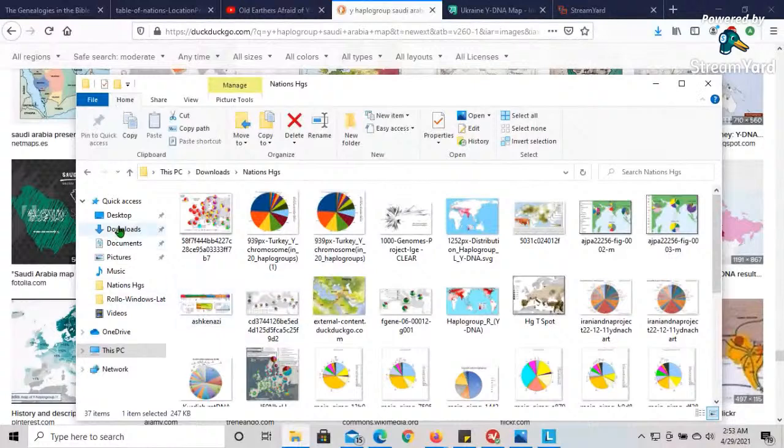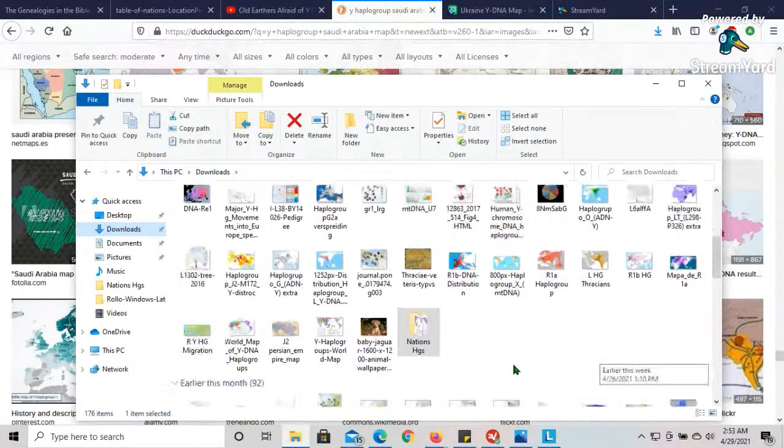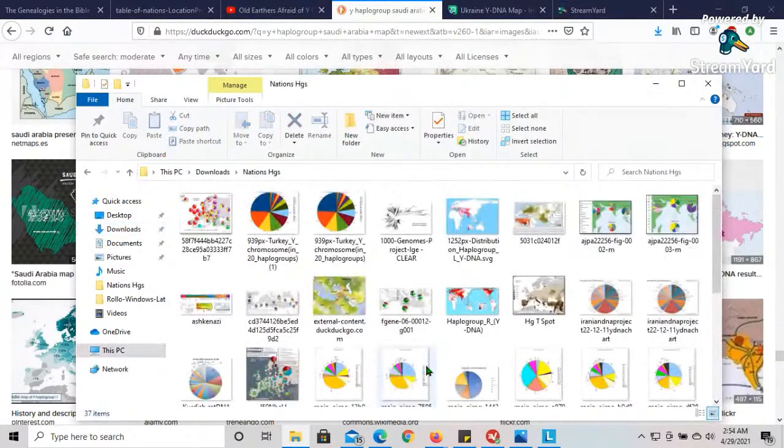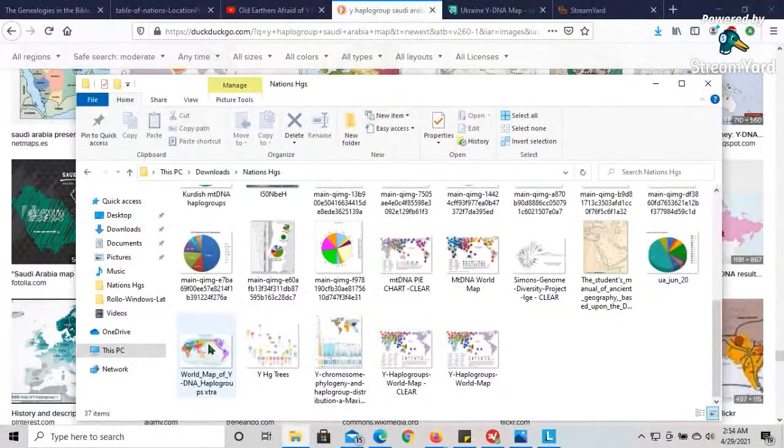What's this? Okay, this is interesting here. I don't know why, but we go here. Now, why is it I can't find that map? Here it is. Try this one here. See if it works.